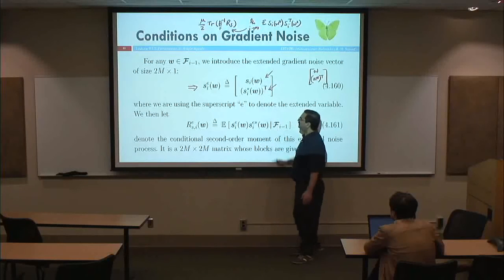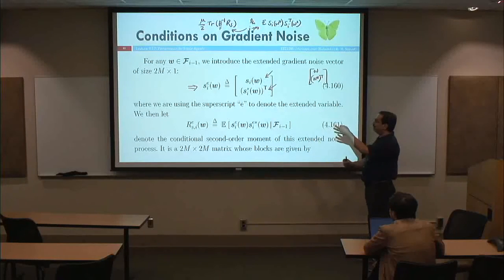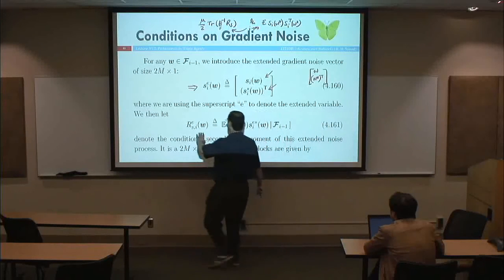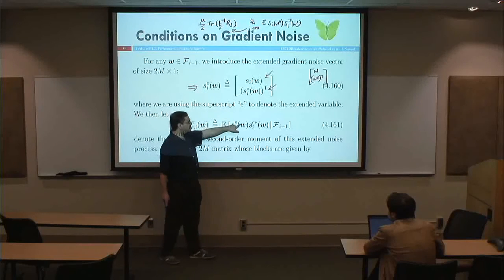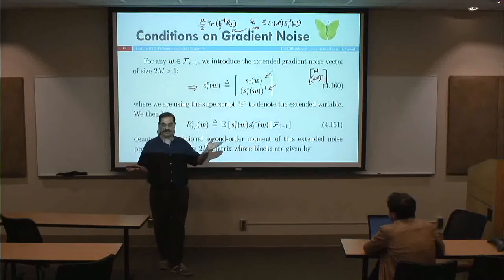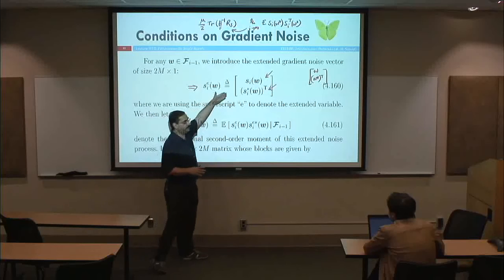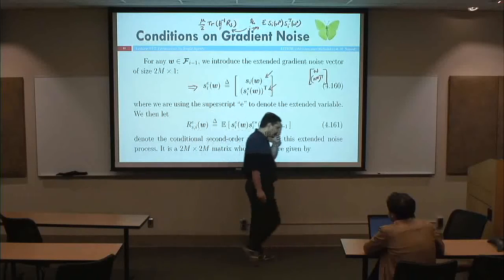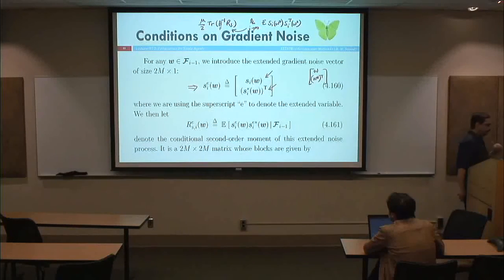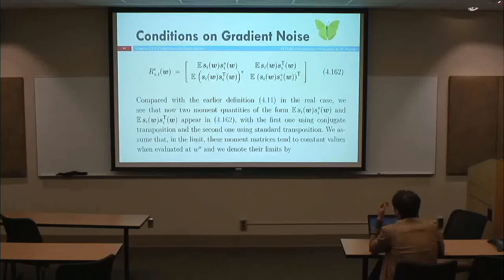So this is now 2m by 1, and define its covariance just like before. I use the superscript E; whenever you see the superscript E in my notation, these are extended variables. That's all. So this is the covariance of the extended variable. That's it. This is noise. The argument will show you why these appear; for now, I'm just defining them.